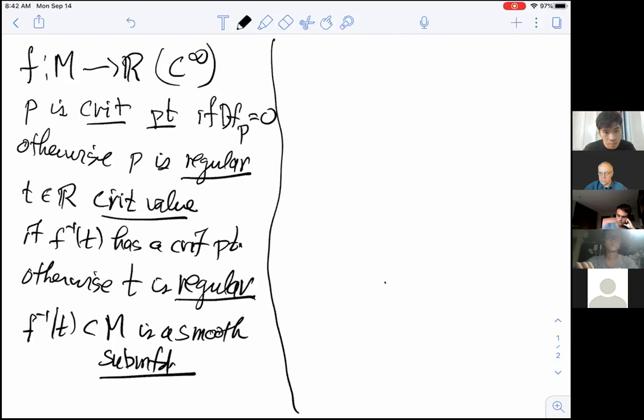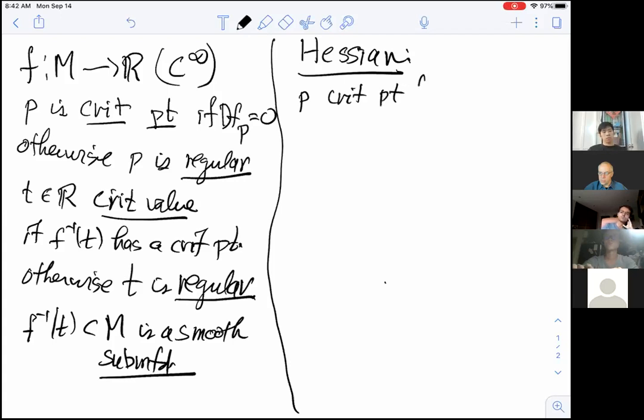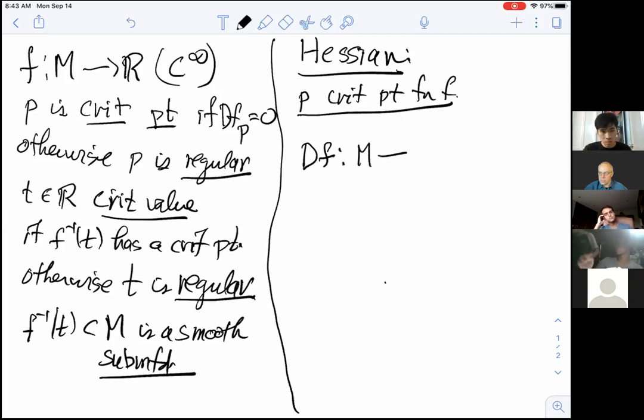The next object is a, if you will, a second order invariant at a critical point called the Hessian. So P is going to be critical here. So P is a critical point for F. Given the map F, we can form the differential of F, which we can think of as a map from the manifold to the cotangent bundle of the manifold.